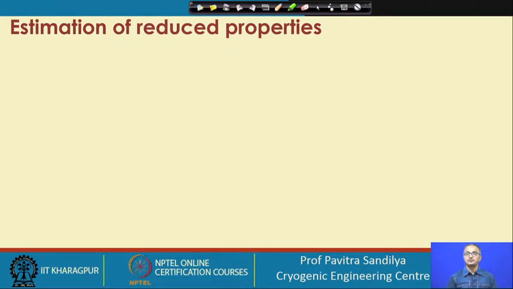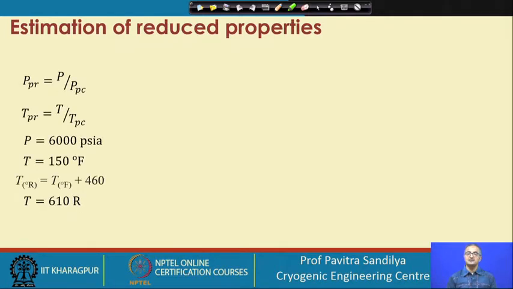Next, we come to the estimation of the reduced properties. In this, we shall look into the reduced pressure and the reduced temperature. First, the reduced pressure formula, PPR, that is the pseudo reduced pressure. Pseudo because, as you know, this has various components together, so we take the natural gas to be like a pure component with some pseudo properties.